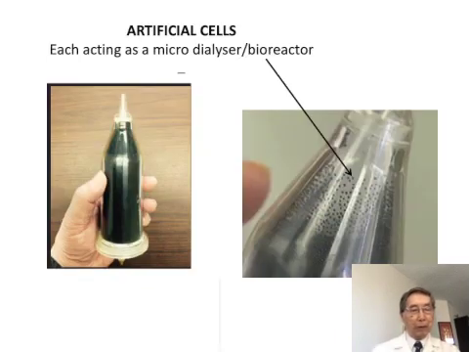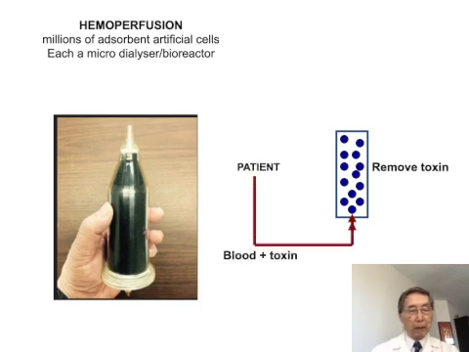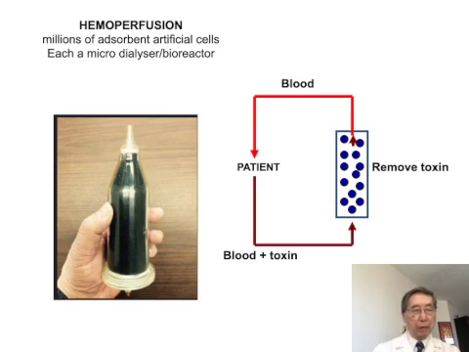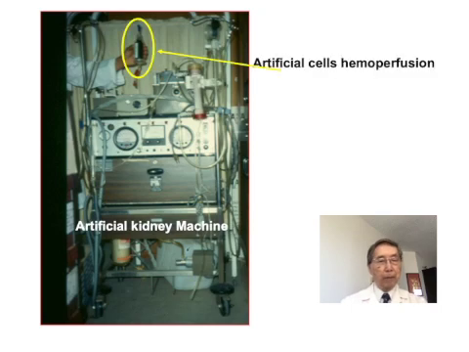So let's look at this in 70 gram artificial cell with adsorbent, and each of these is shown here. This column is schematic with millions of artificial cells. A patient, if you put in blood, the blood would go through, cleanse, and return to the patient. Let's look at how it works.